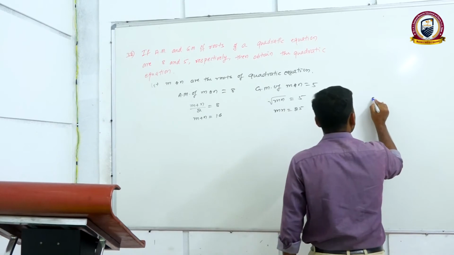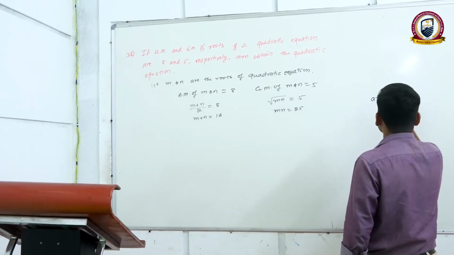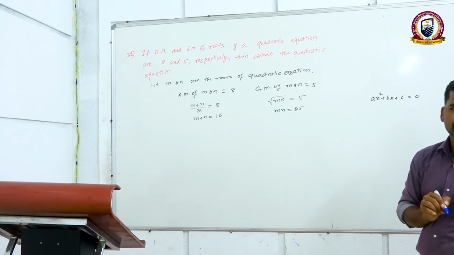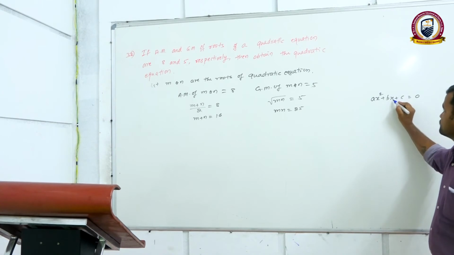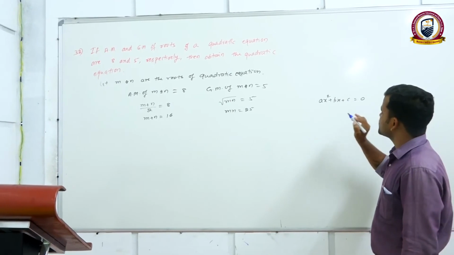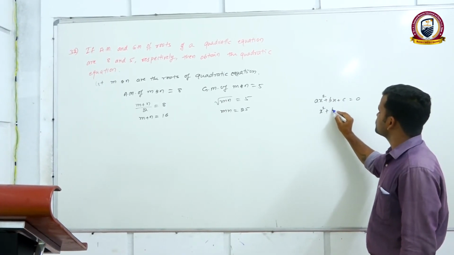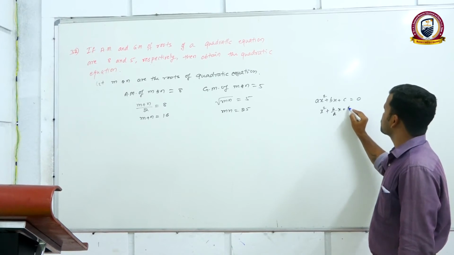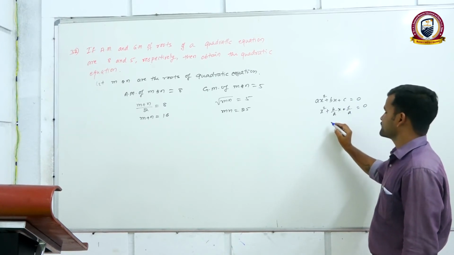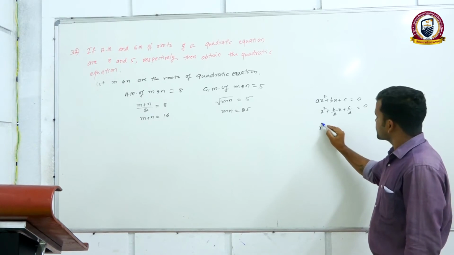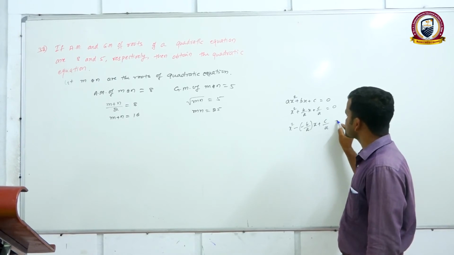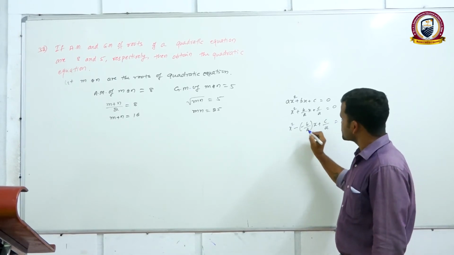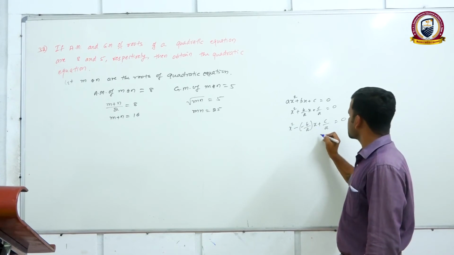See, quadratic equation ax square plus bx plus c is equal to 0 is a quadratic equation where a is coefficient of x square, b is coefficient of x and c is a constant. If I divide throughout the equation, this is x square plus b by a into x plus c by a is equal to 0. I want this standard form, x square minus here x and here constant.